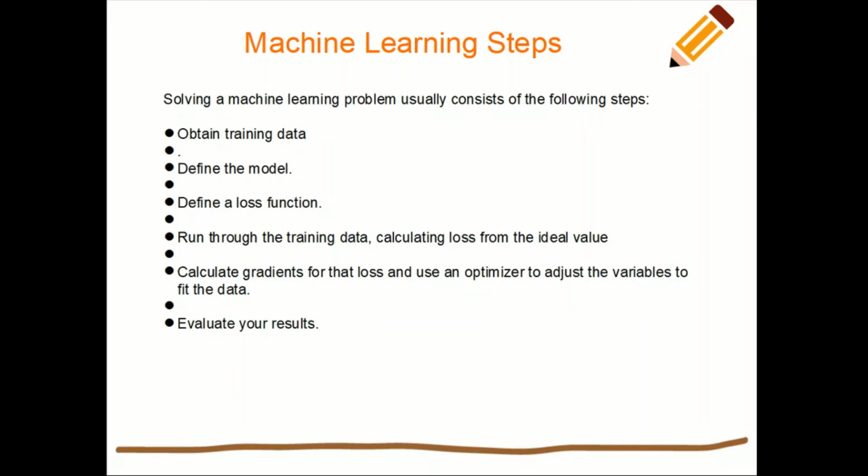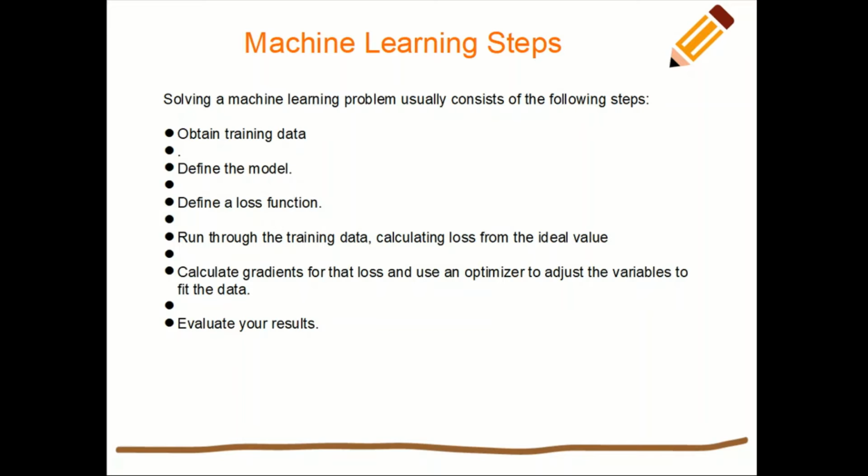So we calculate gradients for that particular loss, and we usually use an optimizer to adjust the variables to fit the data, right? And then finally we evaluate our model. For that we usually keep a separate data set reserved, right?